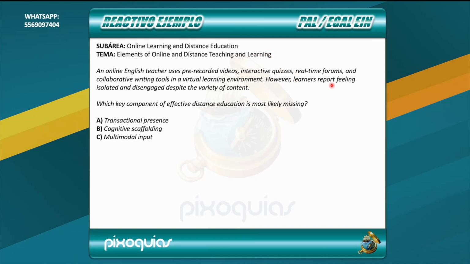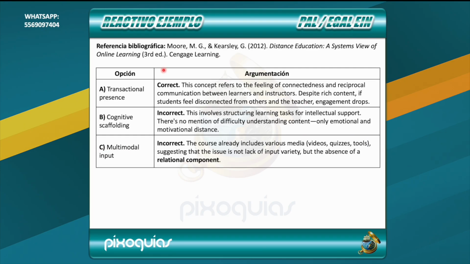However, learners report feeling isolated and disengaged despite the variety of content. Which key component of effective distance education is most likely missing? A. Transactional presence, B. Cognitive scaffolding, or C. Multimodal input. Okay, as we can see, option A is correct, transactional presence.